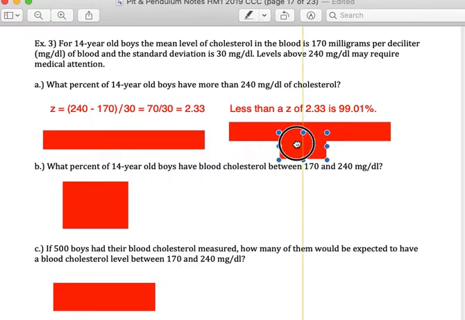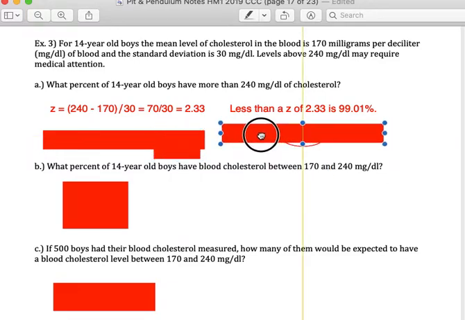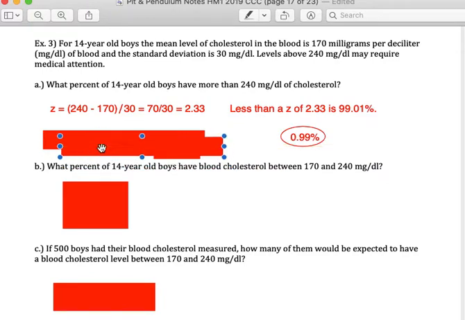So above that would be 0.99. So our z-score, first of all, tells us what is less than when we're on that chart. So we're going to take 100 minus 99.01. That would be a lot of people on medication, right?